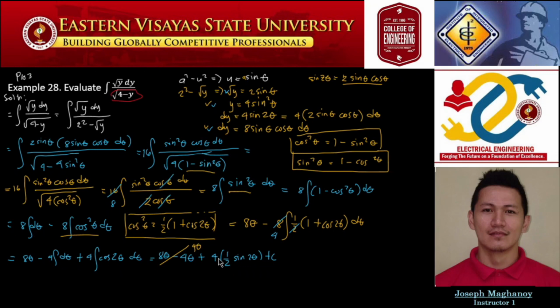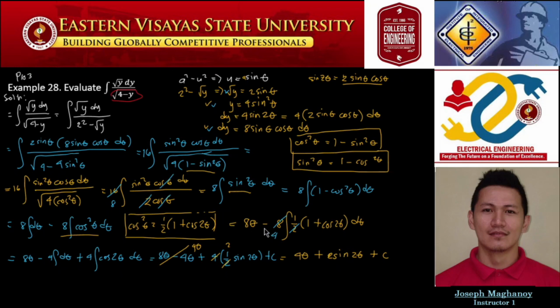So here we have common 4 over 2, they will become 2 sine 2 theta. Okay, we rewrite our answer. That is 4 theta plus 2 sine 2 theta plus c. Okay, let's recheck our answer.